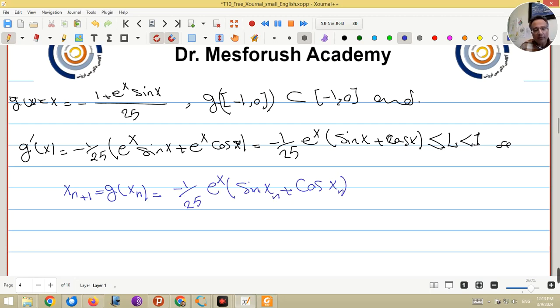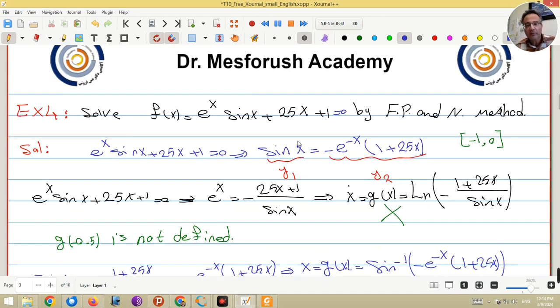In fact, all of these should have x n. This is the suitable sequence for the fixed point problem. But if we want to generate a sequence for Newton method, we have to use something like this. And this is x n minus, here we have to put f of x.